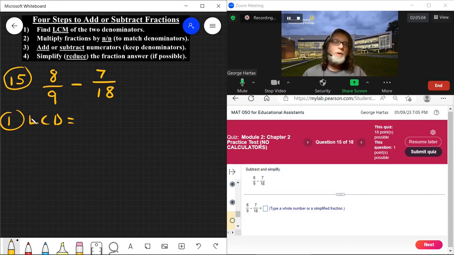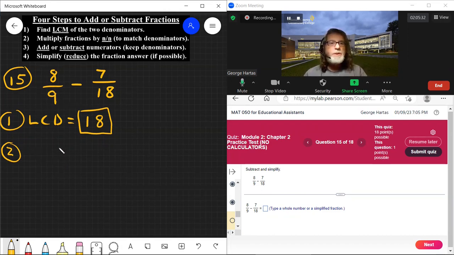Well, let's use the one list of multiples technique. Can the smaller number divide into the big number evenly with no remainder? Yeah. So the bigger number then is the LCD, because 9 divides in 18 and 18 divides in 18. Now in step 2, we have to multiply the left fraction by something to make the denominator become 18.